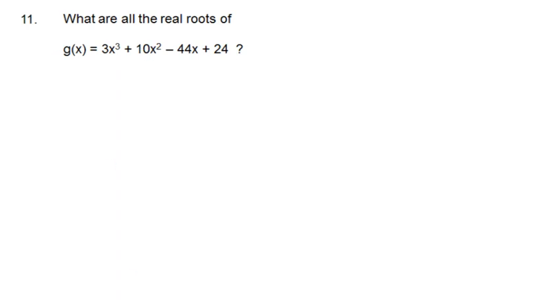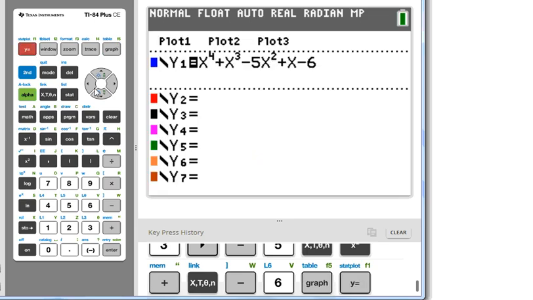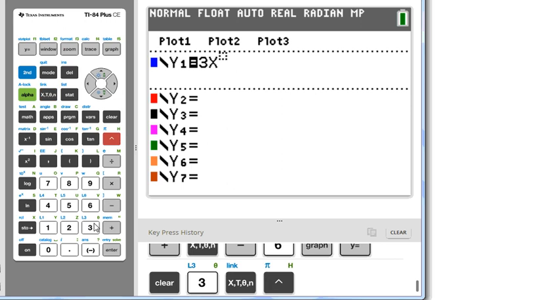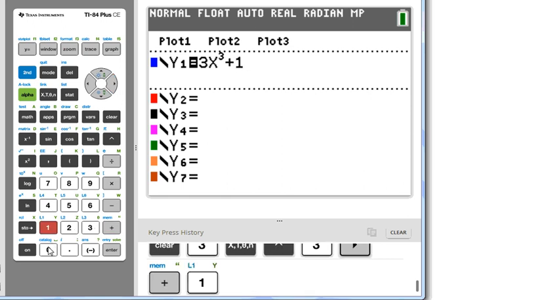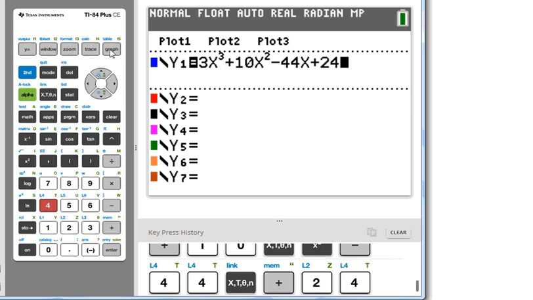Again, go to that calculator. We will clear. We have 3x cubed plus 10x squared minus 44x plus 24. And graph.